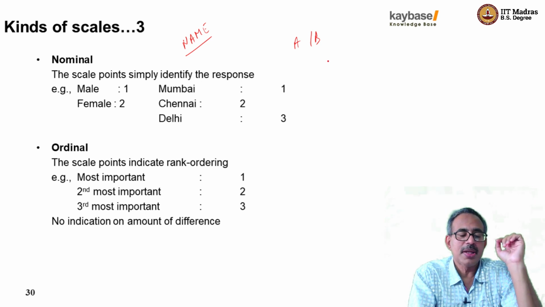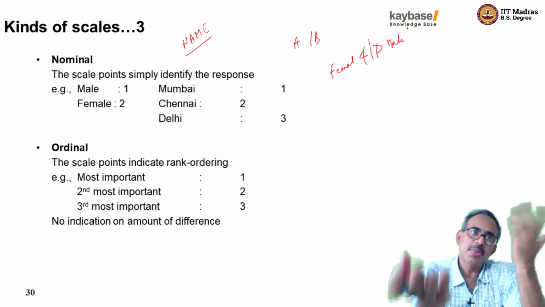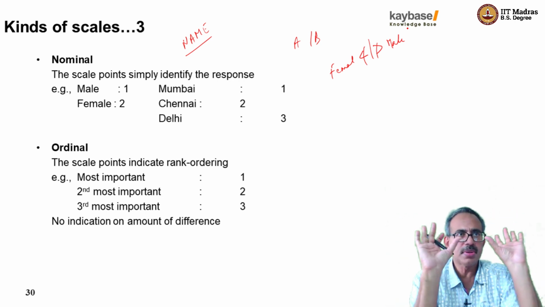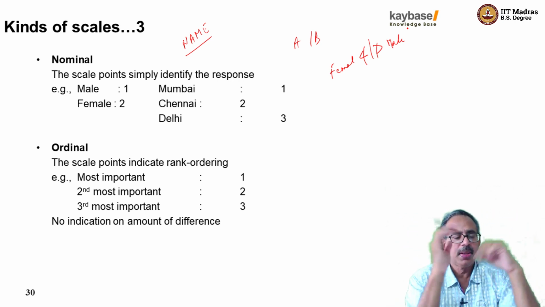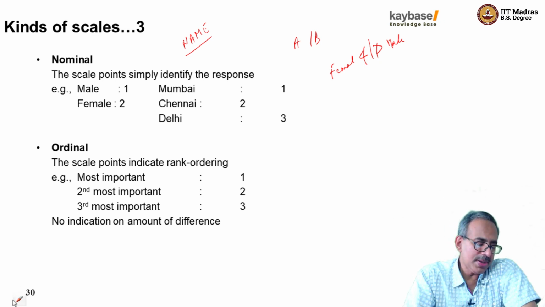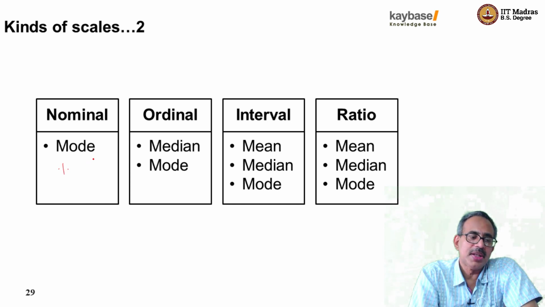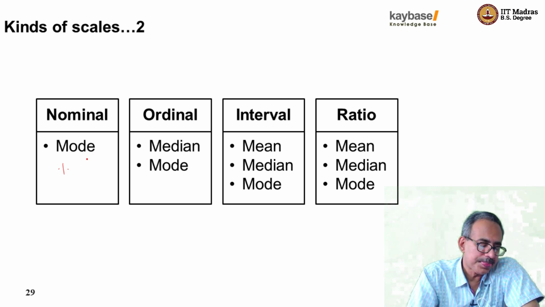We're not saying that female is lesser than or greater than male. We're not implying that one is better, one is more, one is lower, nothing. We're just giving it a name. That's nominal. So when we use a nominal scale, the only analysis we can do is what percentage of people have chosen this option, what percentage of people have chosen that option. And therefore, mode is a relevant statistic here. Right?